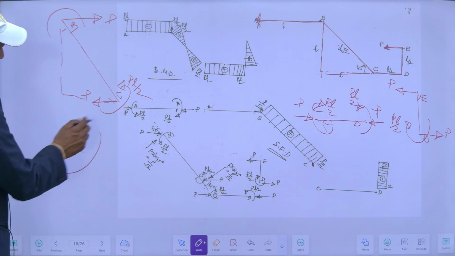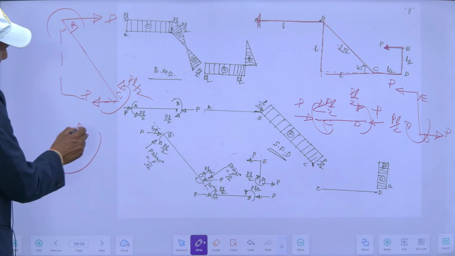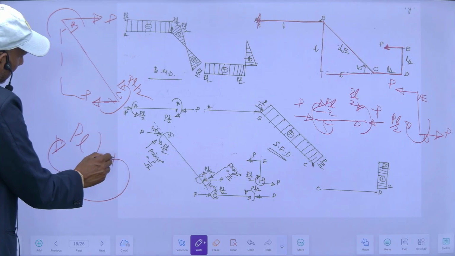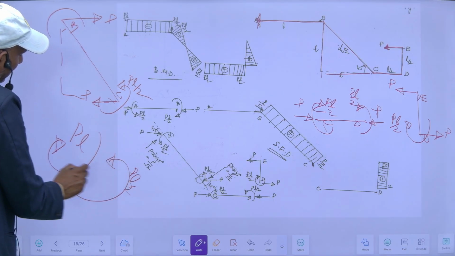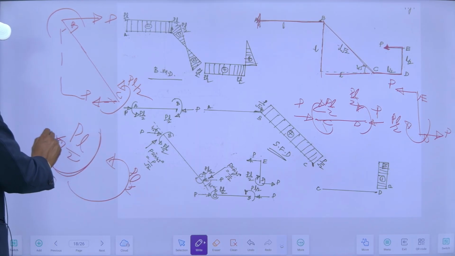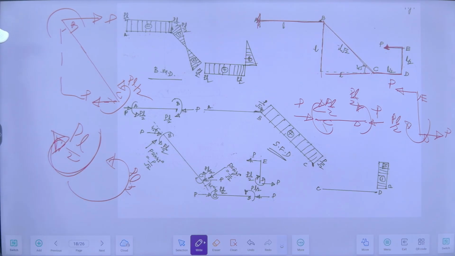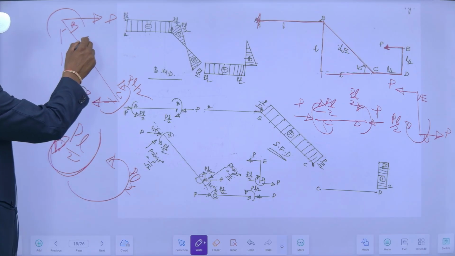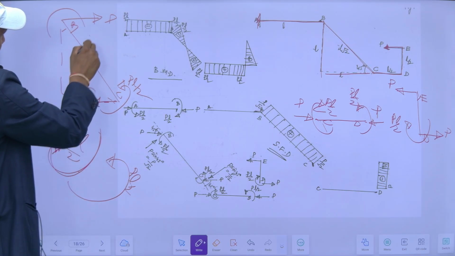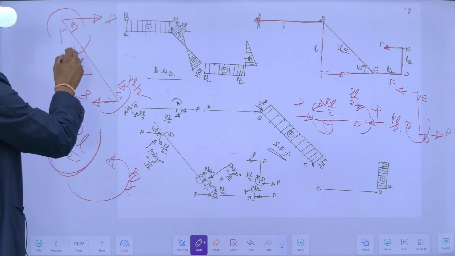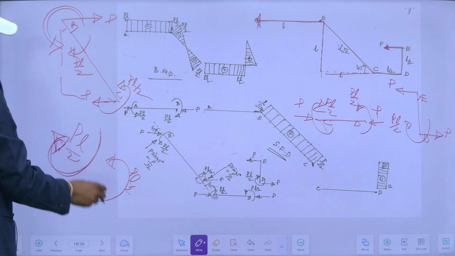This is clockwise, this is anti-clockwise, so PL, and this will be PL by 2. So net effect will be PL by 2 in these directions, meaning the net moment here will be in this direction PL by 2. So to counteract this, the moment will be in these directions.